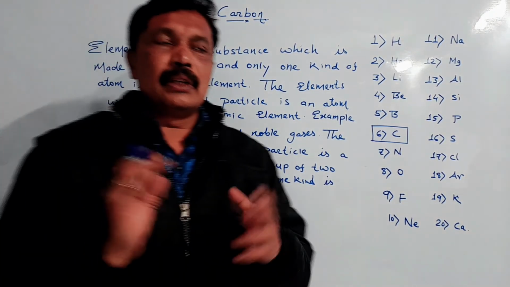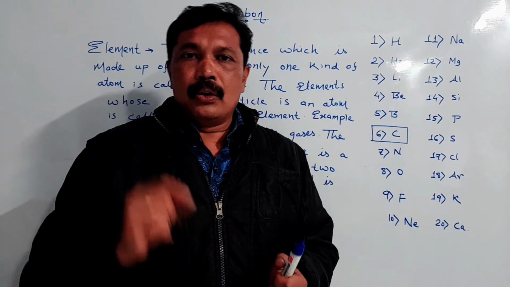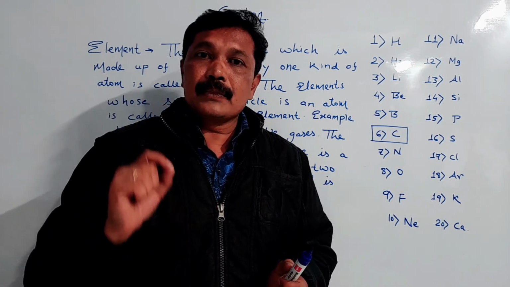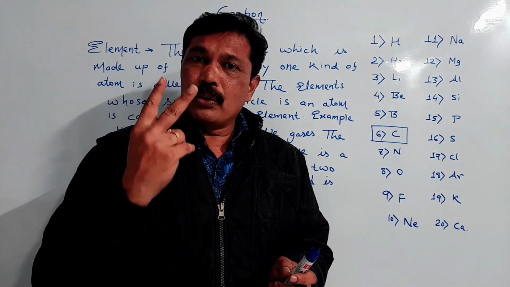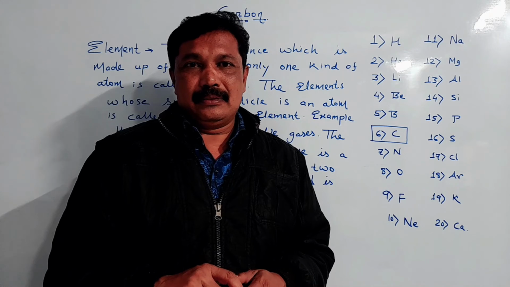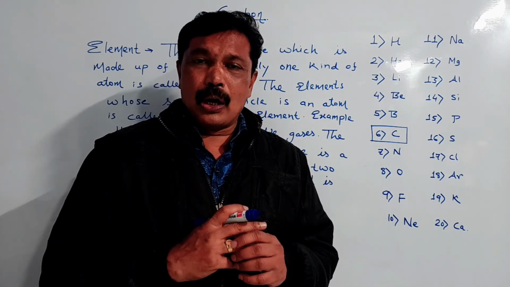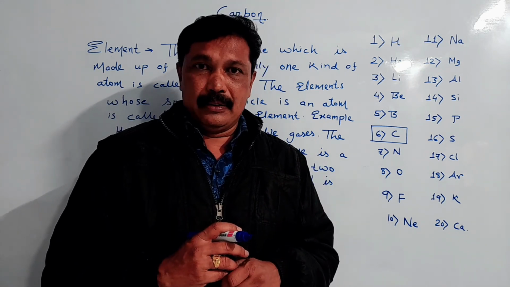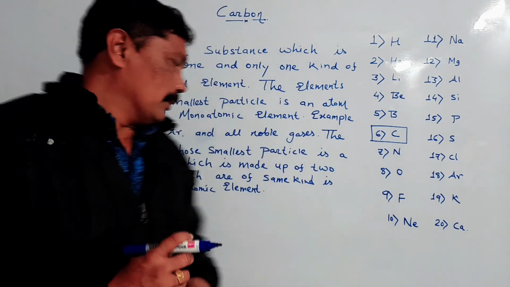My dear student, the element whose smallest particle is a molecule which is made up of two atoms of the same kind, such element is called a diatomic element. Di means two.